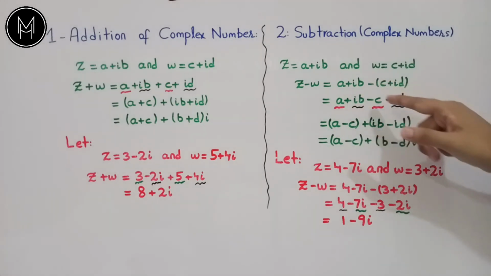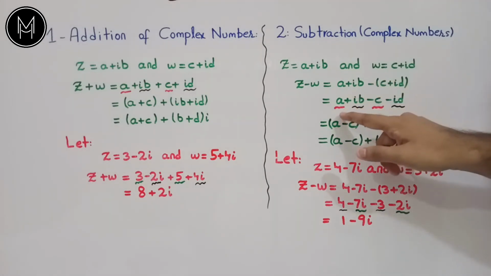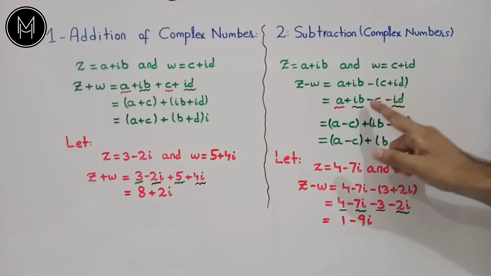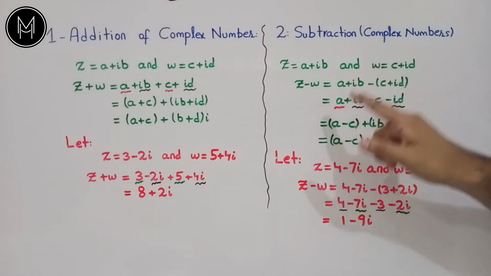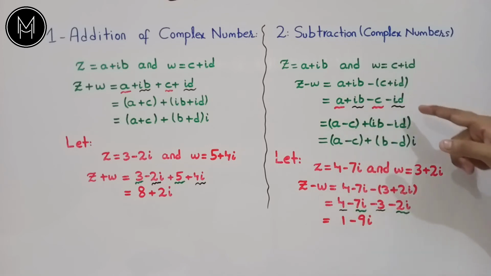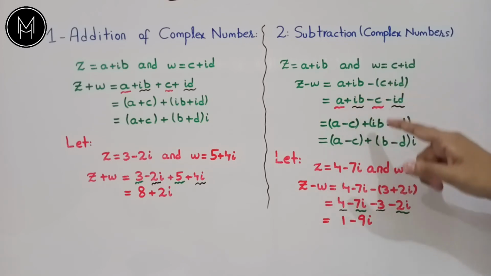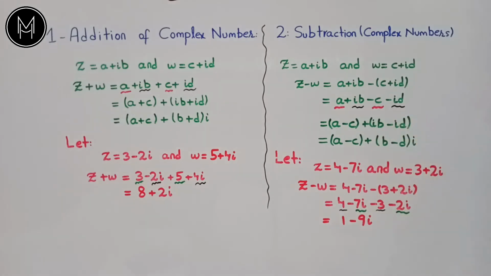Now look at this equation. There are two real parts, minus c and a, and two imaginary parts, positive b and negative d. So we will subtract c from a, that is equal to a minus c, and we will combine negative id with positive ib, that would be equal to ib minus id.